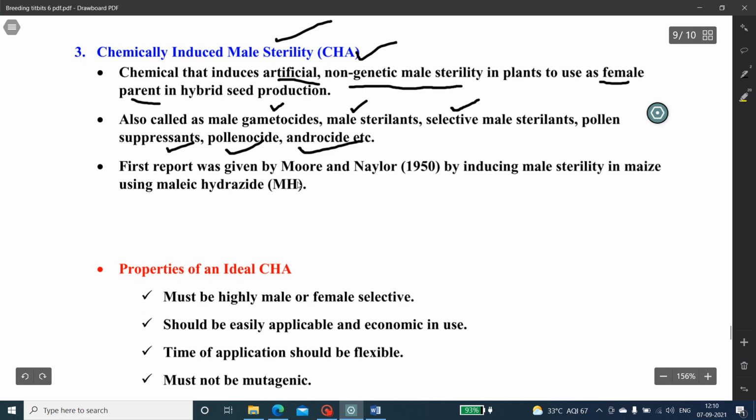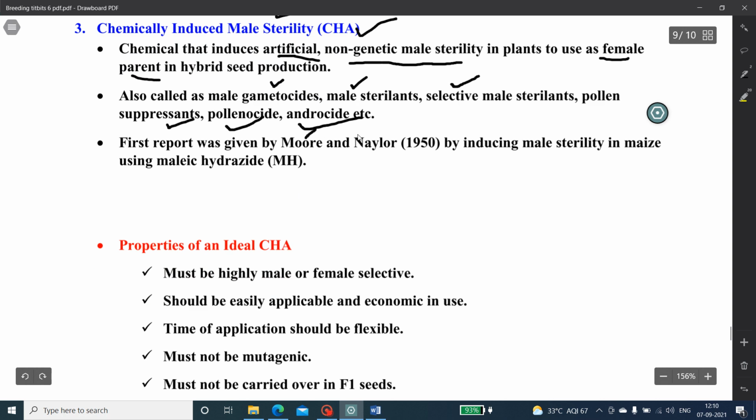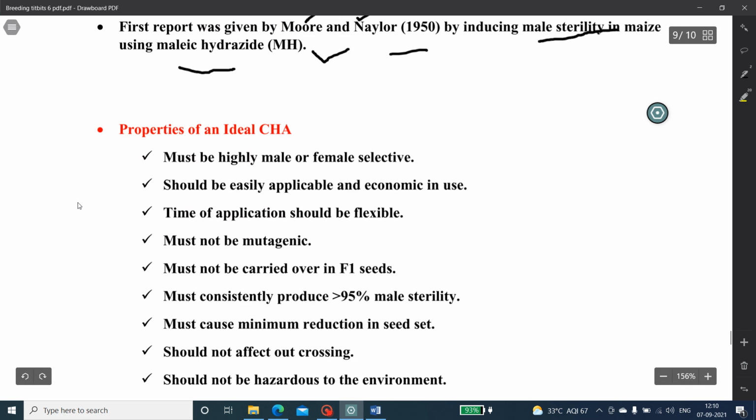And this was first reported by Moore and Naylor in 1950 by inducing male sterility in maize by using maleic hydrazide, MH.